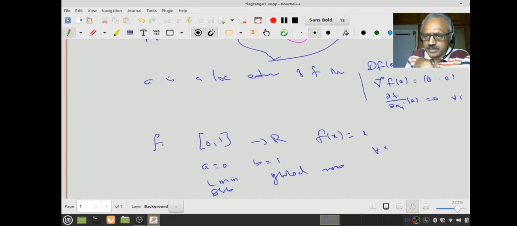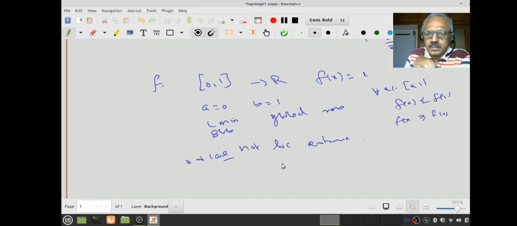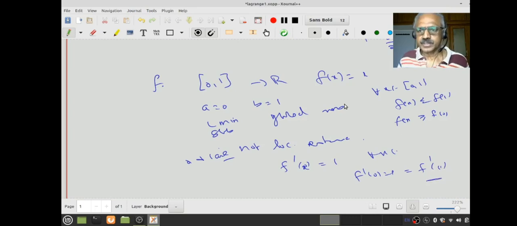For every x in the domain, f of x is less than or equal to f of 1, and similarly f of x is greater than or equal to f of 0. And 0 and 1 are not local extrema in the open sense. Look at f dash of x, which is 1 for every x. In particular, f dash of 0 is 1, which is also f dash of 1. Therefore the derivative need not be 0.